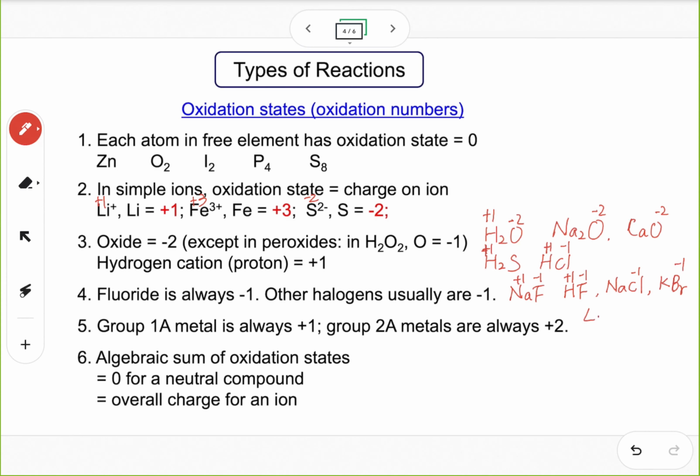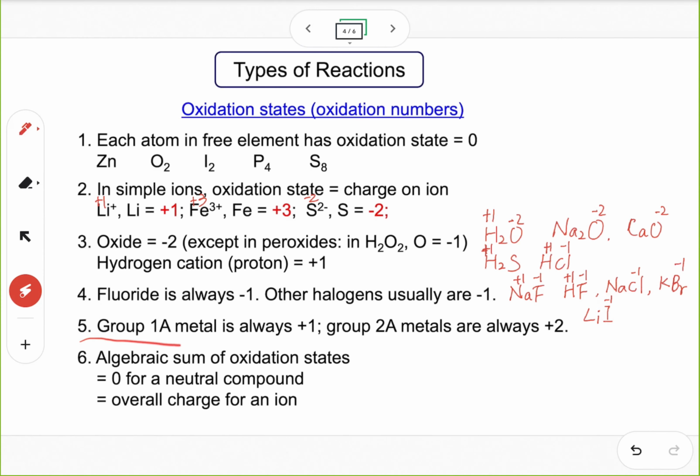Lithium iodide, -1. But there are a lot of exceptions for other halogens like bromide, chloride and iodide. We will do some practicing about these unusual oxidation states involving halogens. But most of the time they're going to be -1.